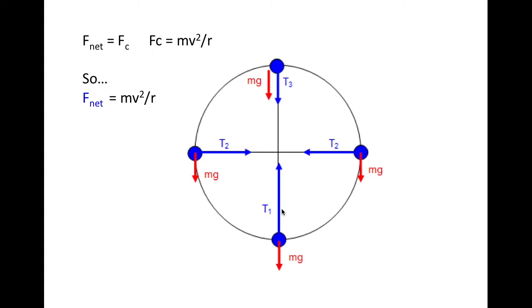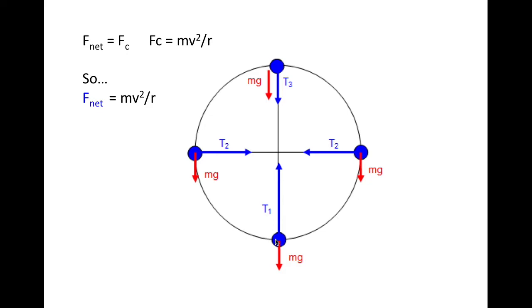We know that the net force equals the centripetal force, and it is center seeking. We also know that the centripetal force equals mv squared over r. So when we set those equal to each other, we know that the net force equals mv squared over r. We know that the net force changes as you go around the circle depending on where you are.